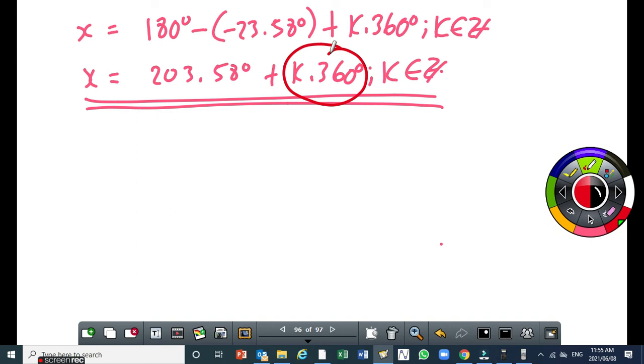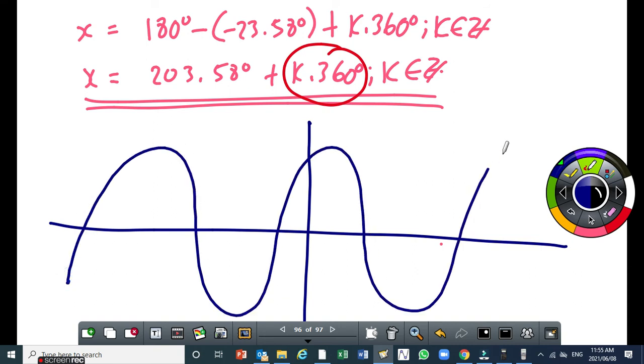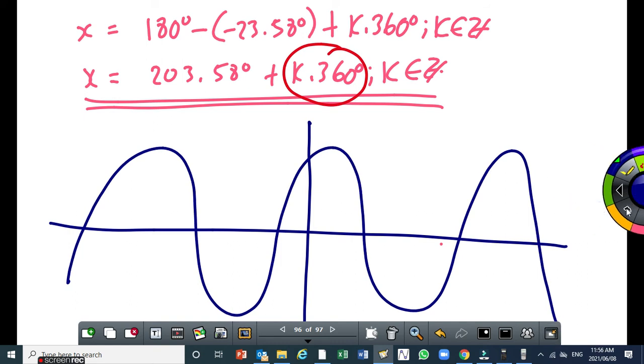Okay, look here. If I were to draw a graph of sine, it looks something like this, right? So look here. If the ratio is negative, you get a value for x here, a value for x there, a value for x there, a value for x here.